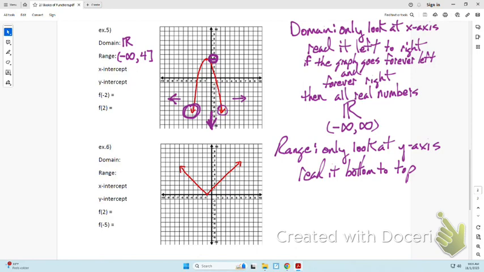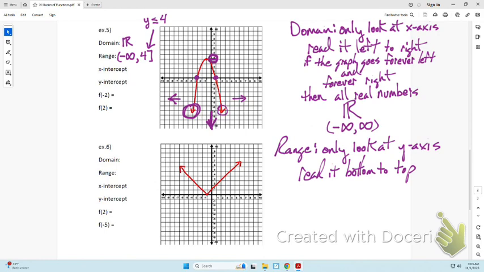Another alternative, you could write the range like this. That's okay with me. You do a parenthesis for infinity because it never actually hits infinity. The rest of these are somewhat easy. X-intercept, I see one right here and right here.